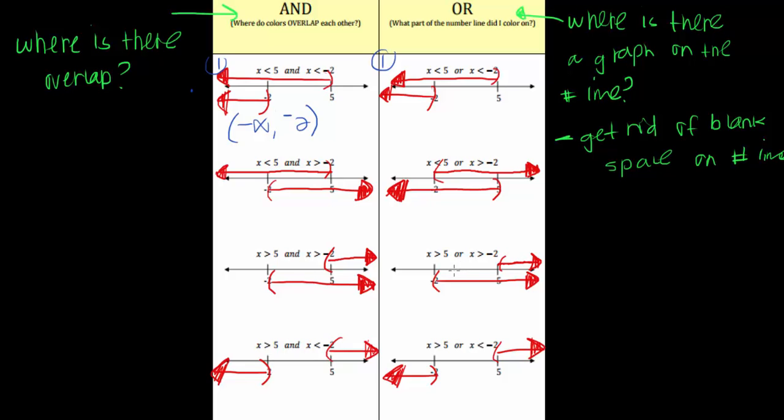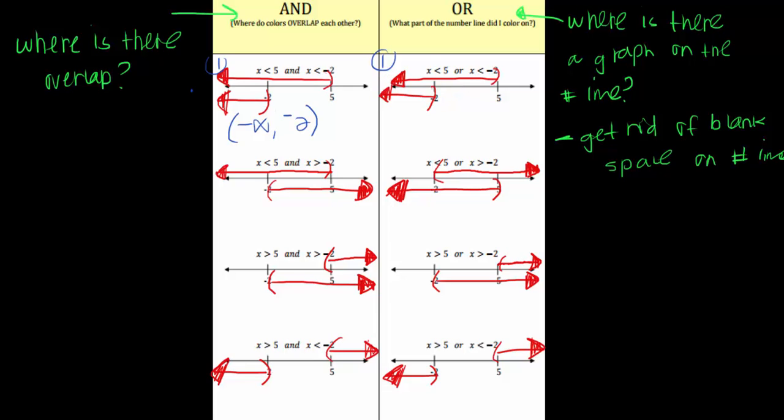Now, or says, where is there a graph on the number line? The number line right here in blue. Where is there a graph on that number line? So we start from left to right, and I have a graph at -infinity, and I keep on having a graph. And there at -2, my overlap ends, but I don't care anything about overlap with or. So I keep on going to the right, and then at 5, all of a sudden, I stop having a graph.